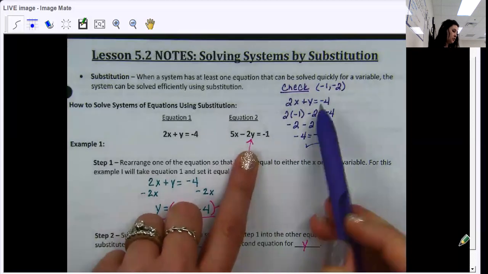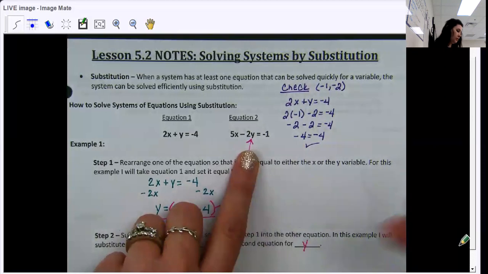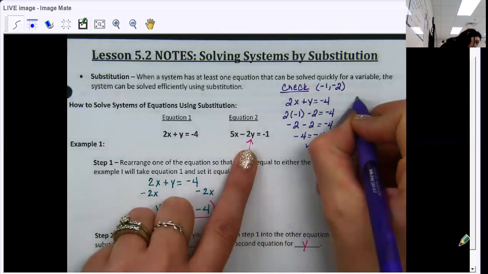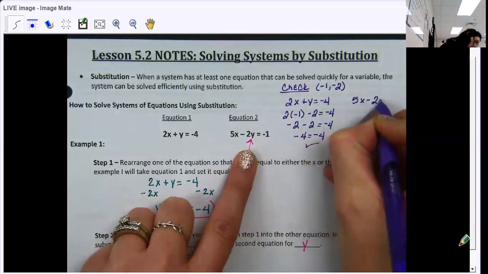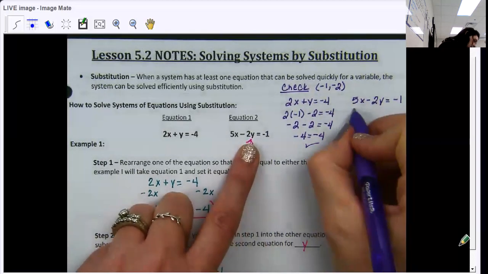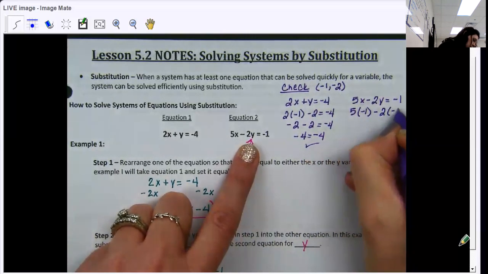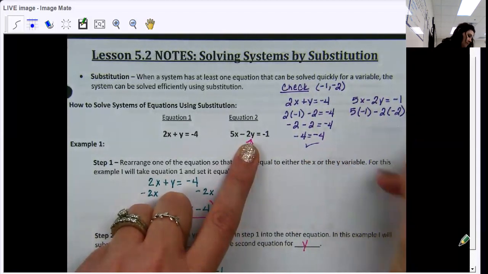Just because it's true for this equation doesn't necessarily mean it's going to be true for the other. We need to check both. So I have 5x minus 2y equals -1. That's my second equation, and I'm going to plug these in. So 5 times -1 minus 2 times -2, and we're going to see that equals -1.